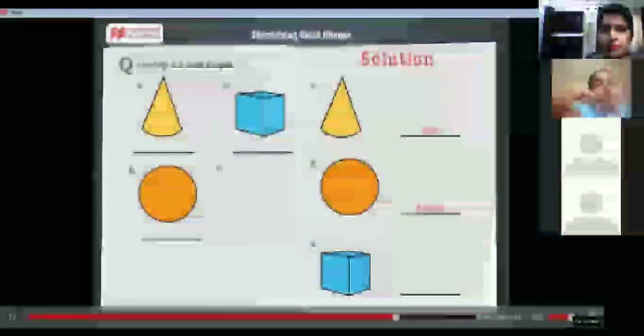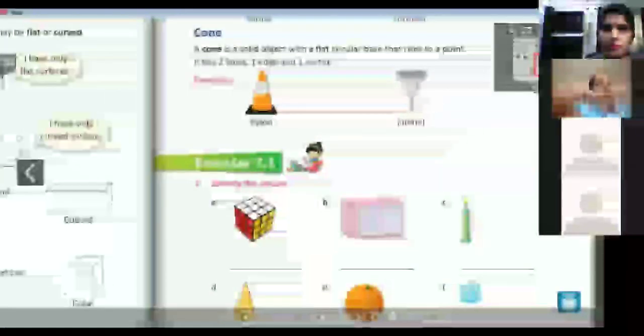This shape has the properties of a cube. Hence, it is a cube shape. Okay, children. So we have identified the different shapes. Now moving on to the next question.